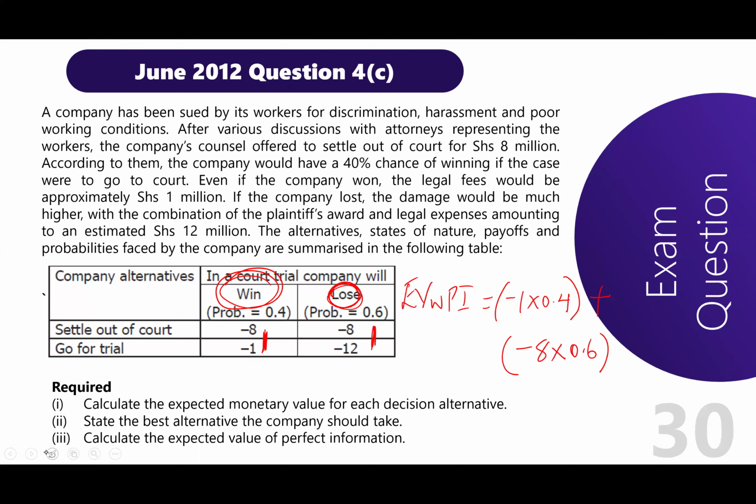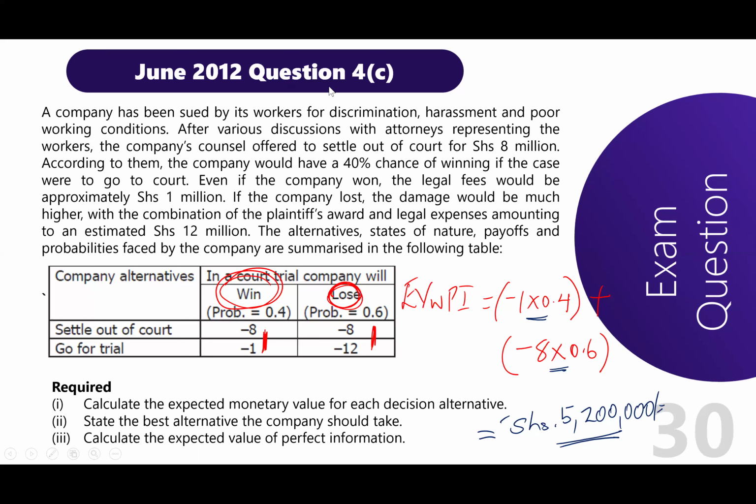So what are we doing? We are adding this plus that. So what do you get from your calculator there, Peace? I get -5.2. And I think that's what every other person is getting. So thank you so much, Peace.